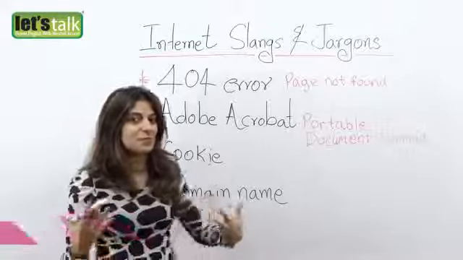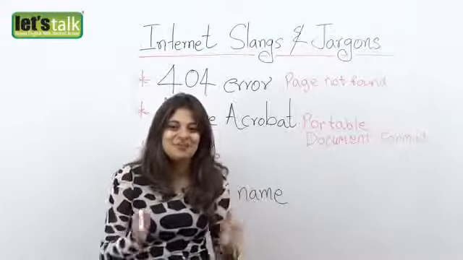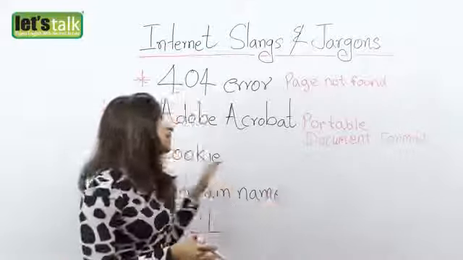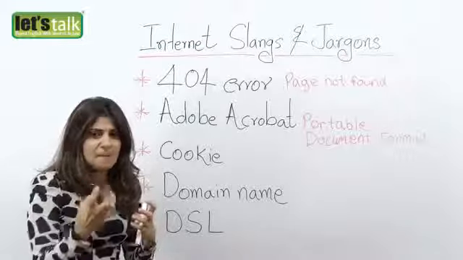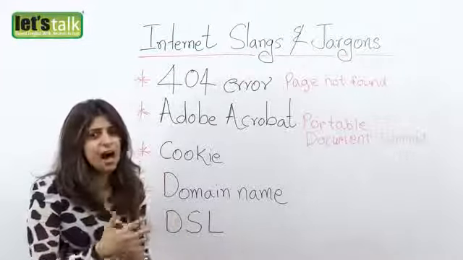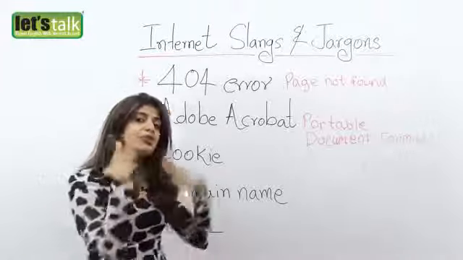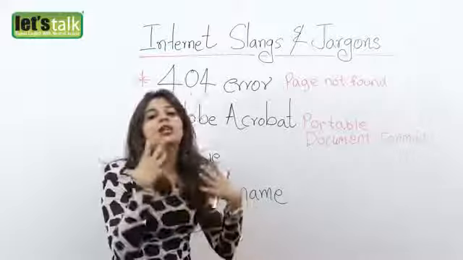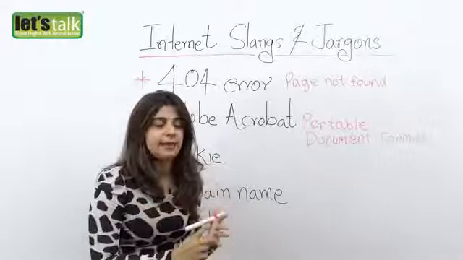Here we have another one, that is cookie. Now for us, maybe a cookie is a sweet biscuit, but of course not for the internet world. Well, a cookie is a set of information, okay? Maybe your username, your current date, your current time, that is stored in your computer is automatically transmitted to the server, or to the website that you are visiting.